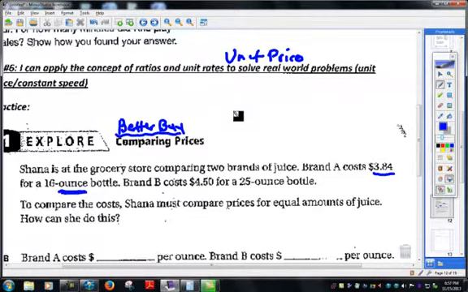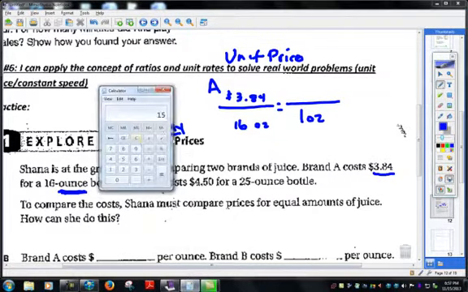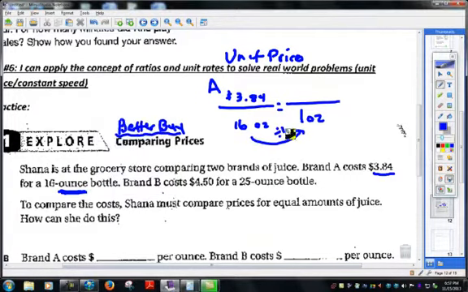If you're doing unit price, you got to make sure that whatever your other unit is has to be on the bottom. So for brand A, I know that it's $3.84 for a 16-ounce bottle. So what I'm going to do is figure out how much I would pay per ounce. Going from 16 to 1, I'm dividing by 16. Here I'd be dividing by 16 as well.